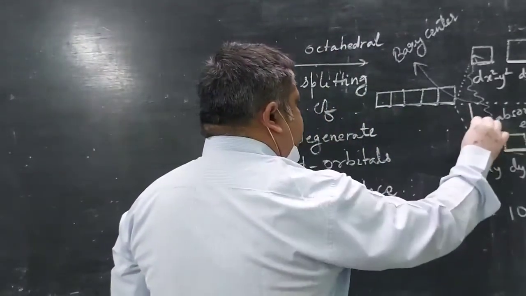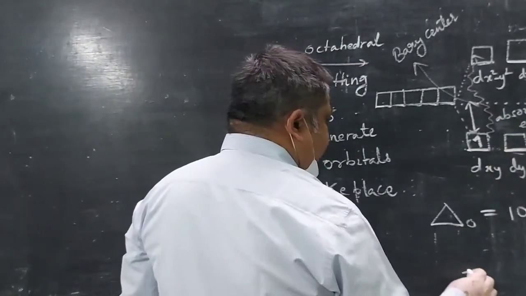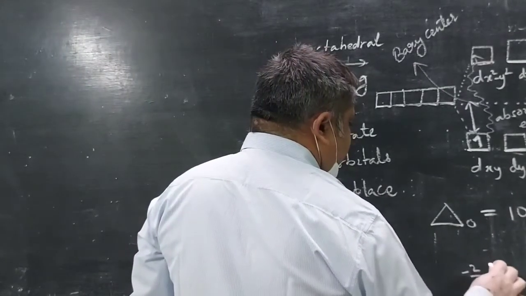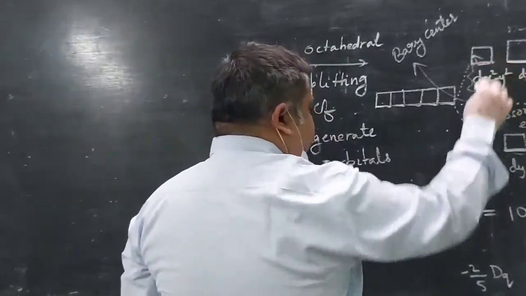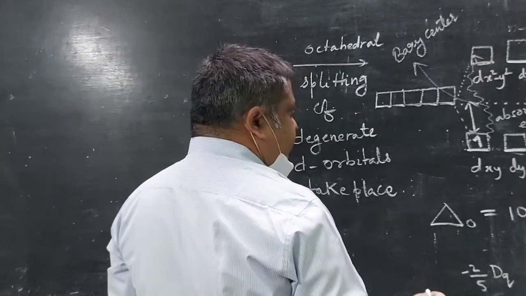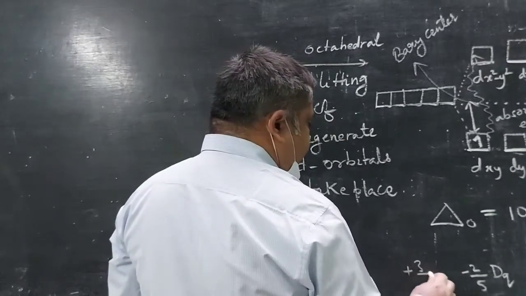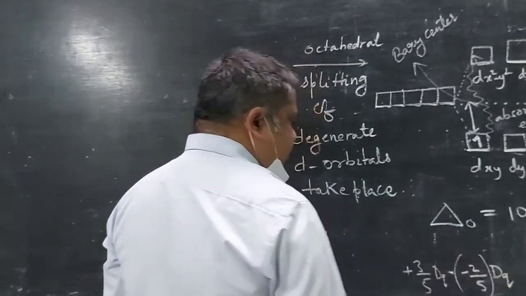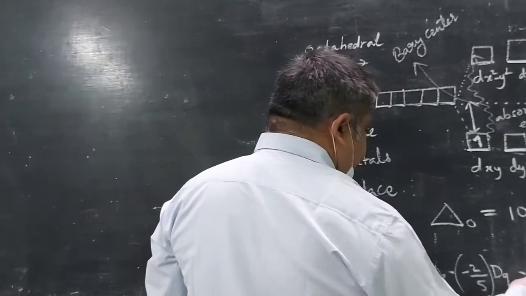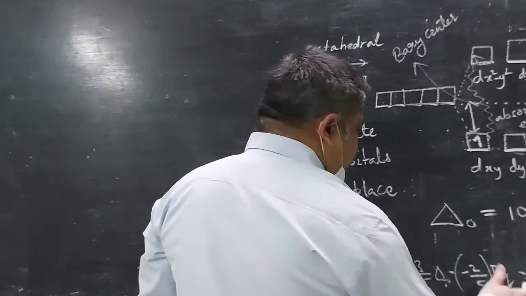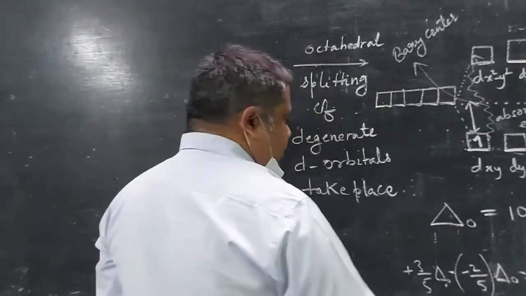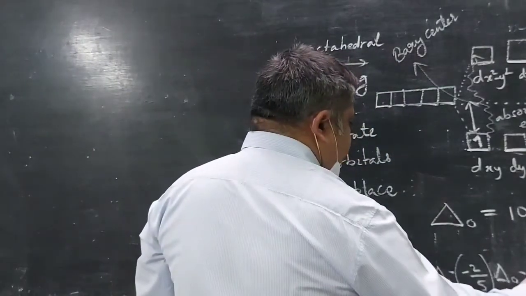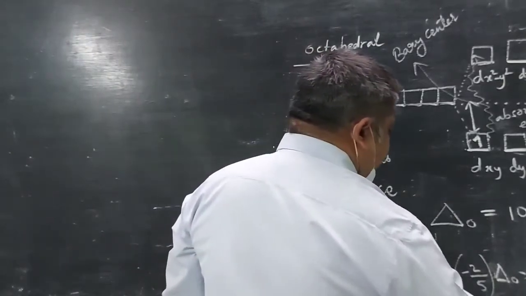From here to here it is minus 2 by 5 Dq, and from here to here it is plus 3 by 5 Dq, such that if you find the difference between these, it will become delta O, the crystal field splitting in octahedral complex, and it will be equal to 10 Dq.